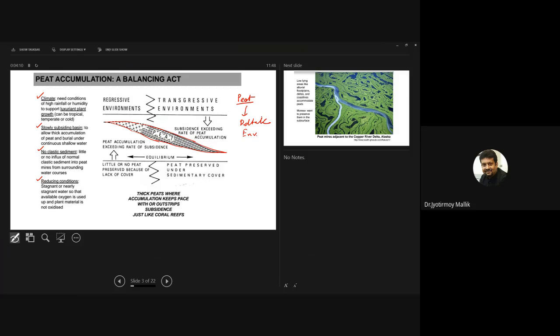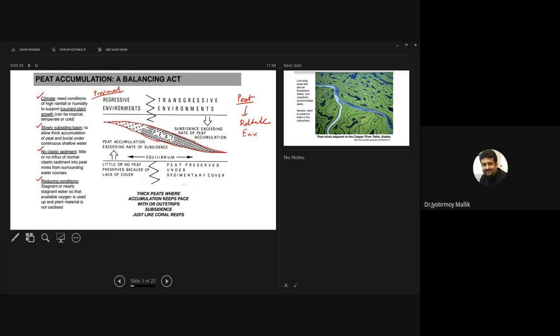In the proximal part of the delta, which is more towards the land, the peat accumulation rate would exceed the rate of subsidence. And in the distal part, what would we see? The subsidence rate will exceed the rate of peat accumulation.